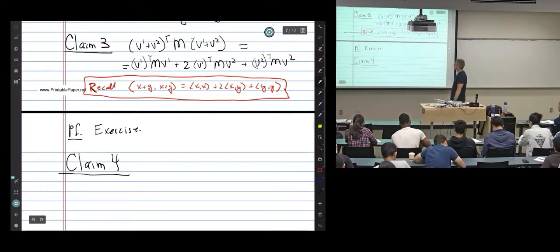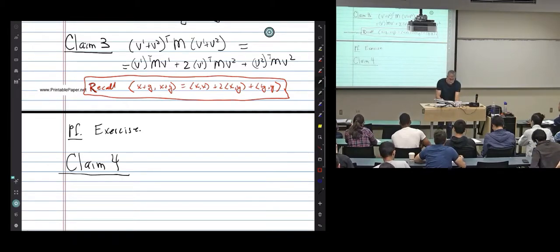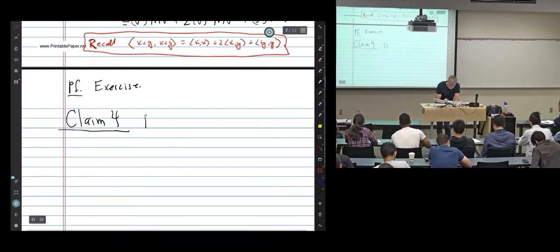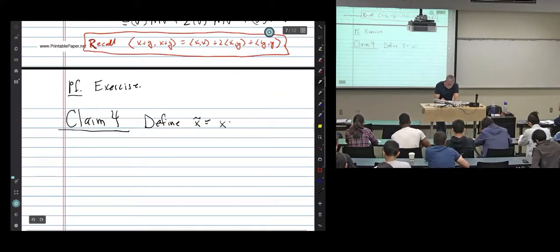Here's claim 4. Define x tilde equals x plus A inverse B times y.